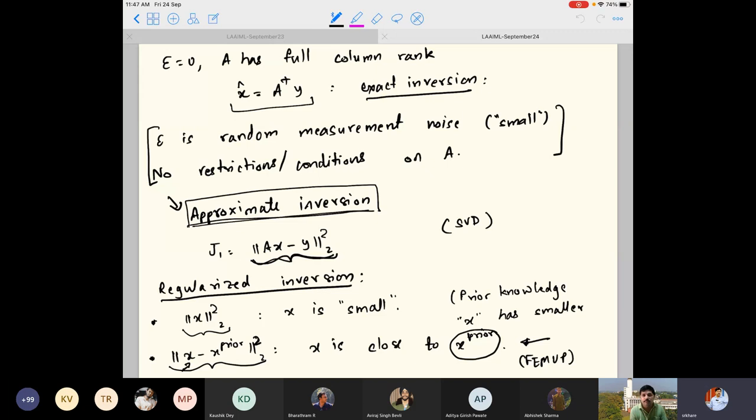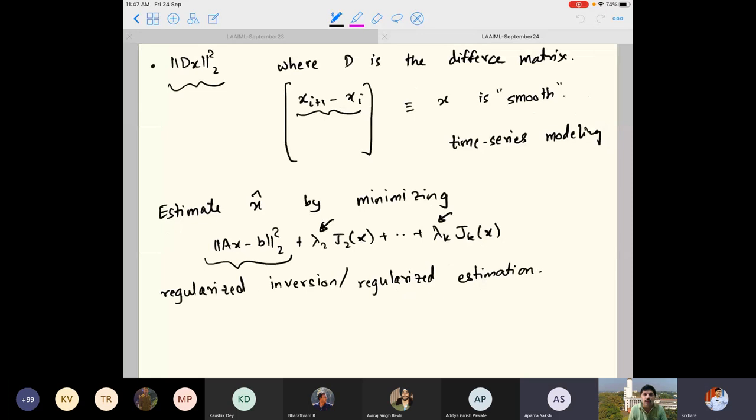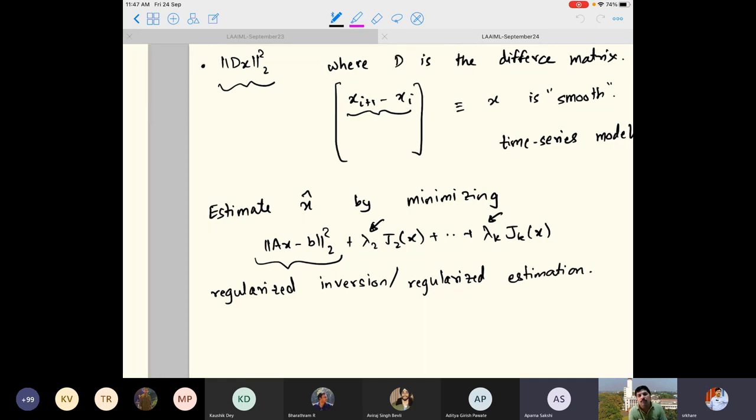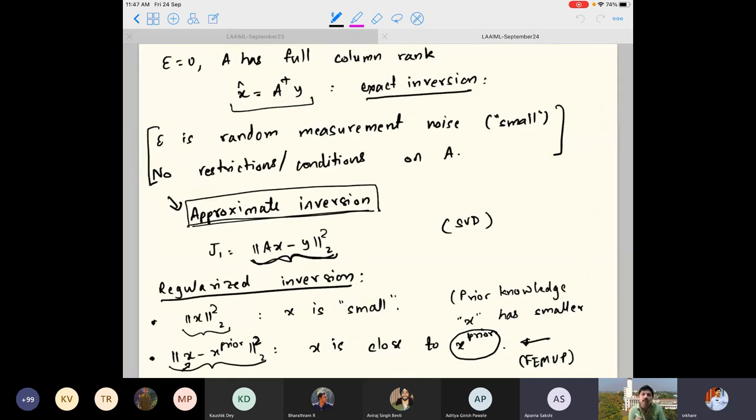We'll see. Sir, what is the last row in the difference matrix? The difference matrix will reduce the size of the vector of size n to n minus 1. Will the size of J2 be different from that of J1? They are all norms, na?